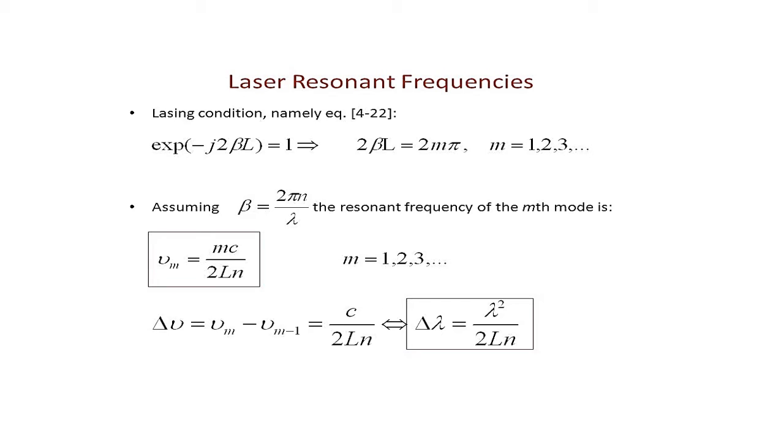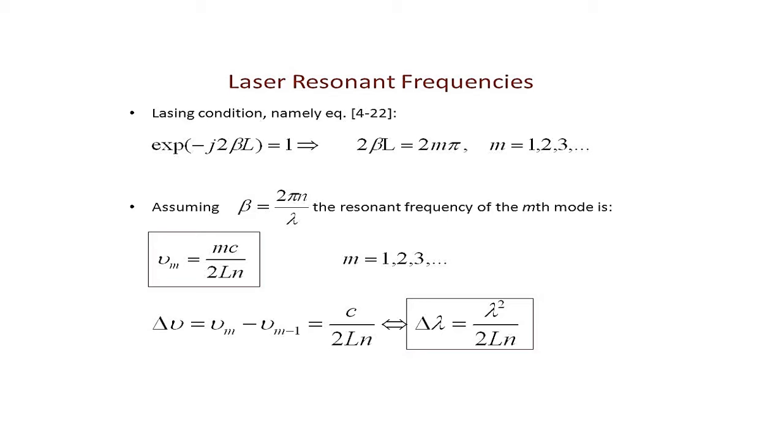Laser resonant frequencies. To check the resonant frequencies of the laser, use the lasing threshold equation as e power minus j2 beta L is equal to 1. So this condition will hold when 2 beta L is equal to 2 pi m, that is m is equal to 1, 2, 3, where m is an integer. So we have to assume that beta is equal to 2 pi n by lambda.